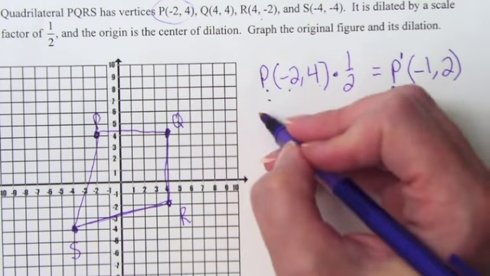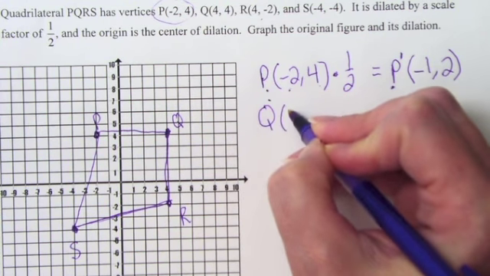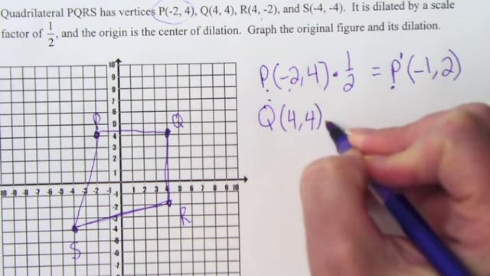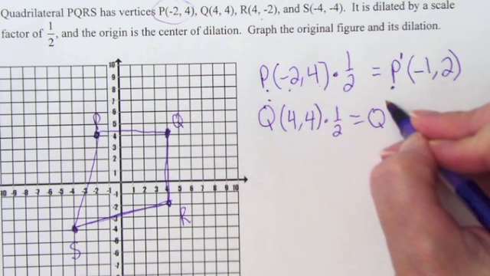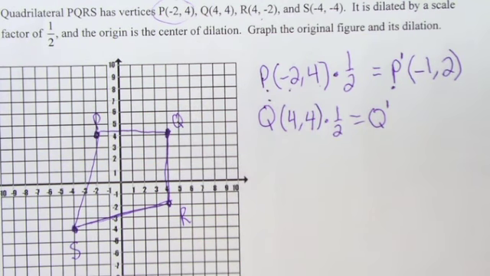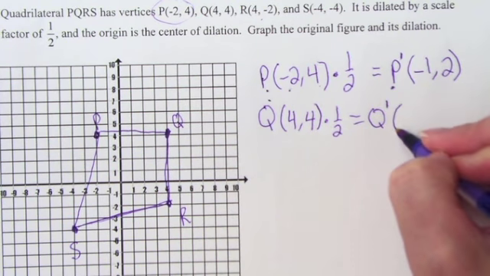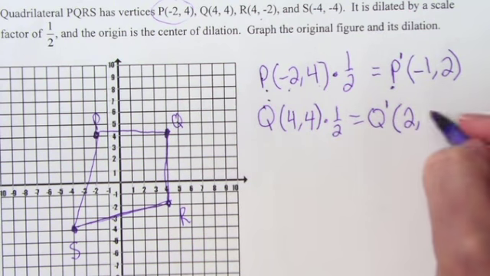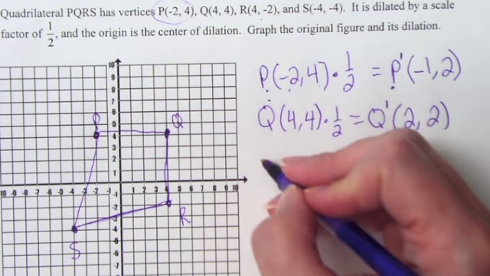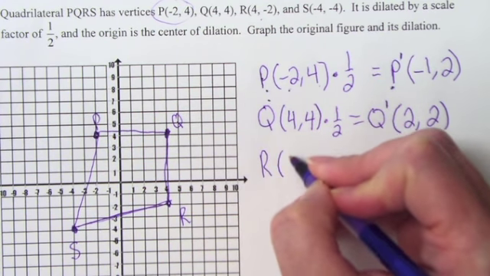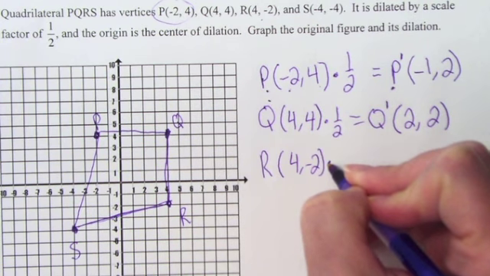Right? And we do the same thing with each of the other points. We multiply them each by 1/2. So our new Q, and remember we put a little mark up here to say that it's Q prime. That's just a notation, guys. Don't let that get confusing. 1/2 of 4 is 2. 1/2 of 4 is 2. So our new point for Q is 2, 2. Then we have R. R is 4, -2. Multiply that by 1/2.